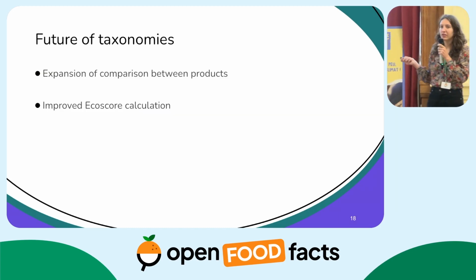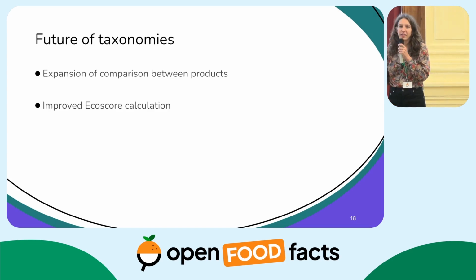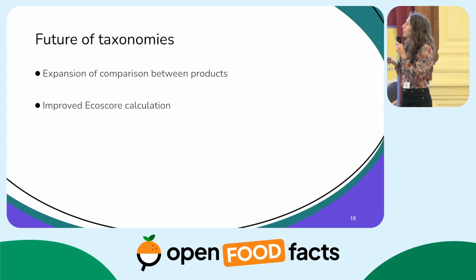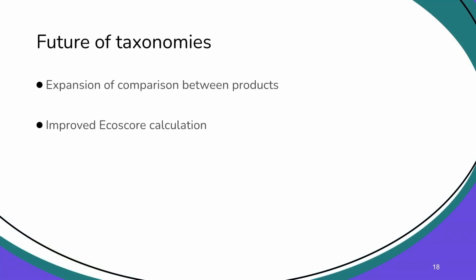I haven't presented you all that is currently possible with the taxonomy, but I also wanted to speak a bit about what we could do in the future to give some idea, and we could also discuss that later.